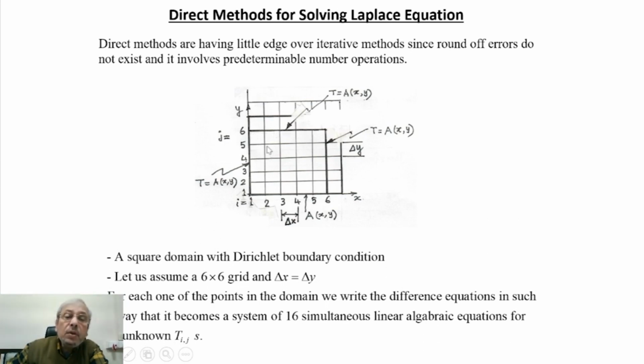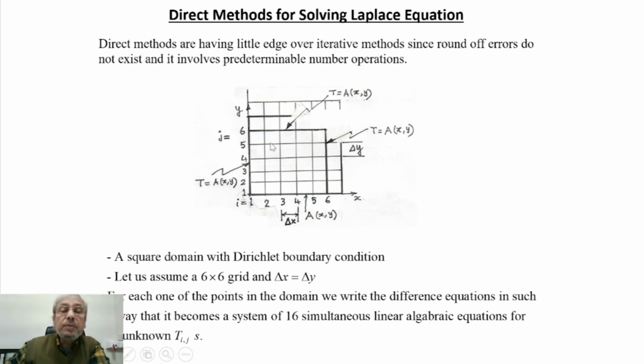That means we have to write equations for 1, 2, 3, 4, by 1, 2, 3, 4, that is 4 by 4. That means 16 unknown temperatures we have to find out, because at the boundary points temperatures are known explicitly. We have imposed Dirichlet boundary conditions.